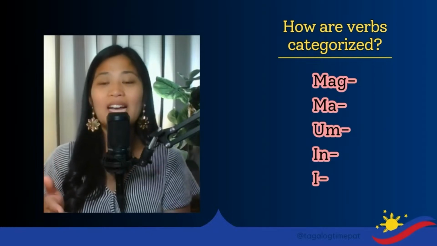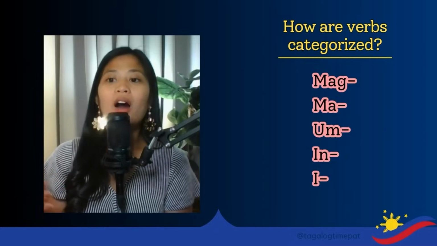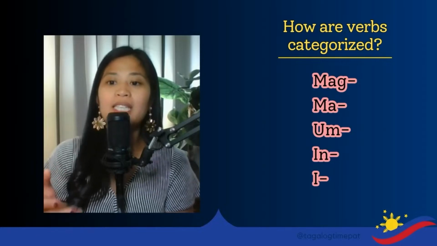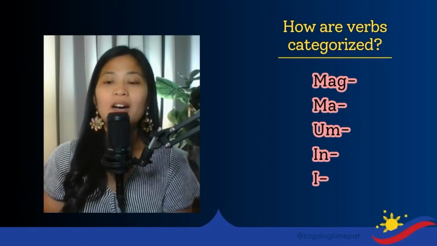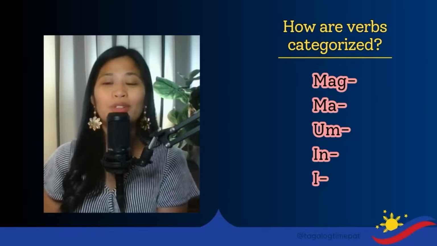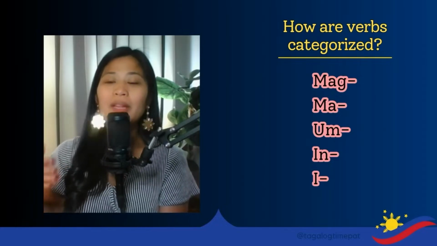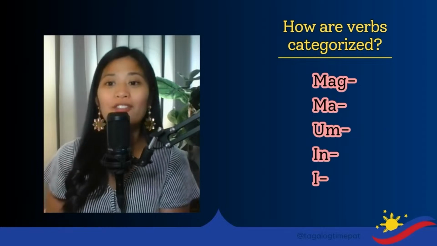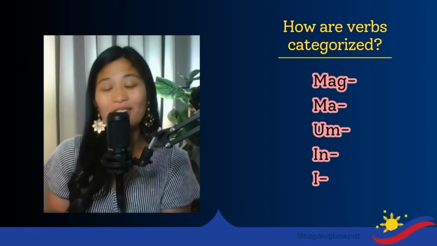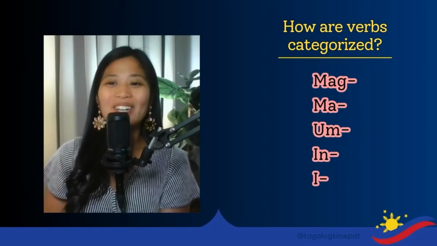As Tagalog has evolved over time, all of these verbs have just been accepted into these categories. Unfortunately, there is no rhyme or reason that I know of to explain why magluto is a mag-verb, whereas matulog is a ma-verb. I'm not quite sure why they were organized like that.